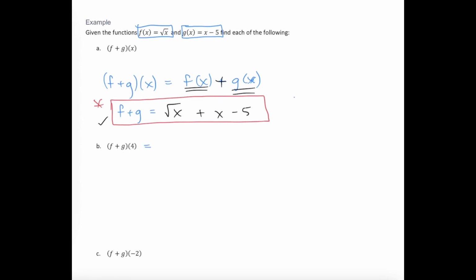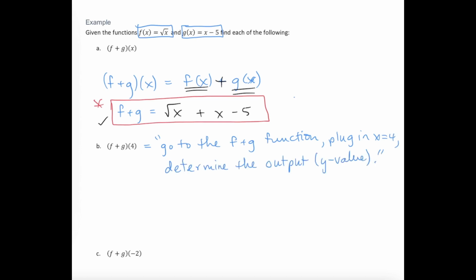So let's remember what this notation is actually telling us. This notation means to go to the f plus g function, plug in the x value 4, and then determine the output or the corresponding y value. And that notation is the shorthand for all of this language.